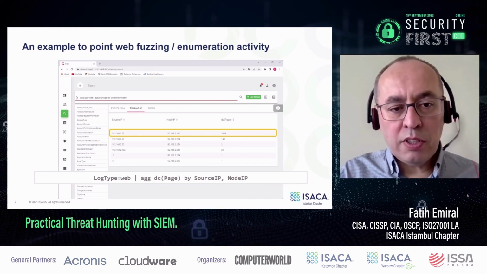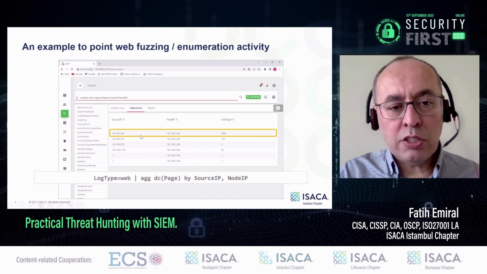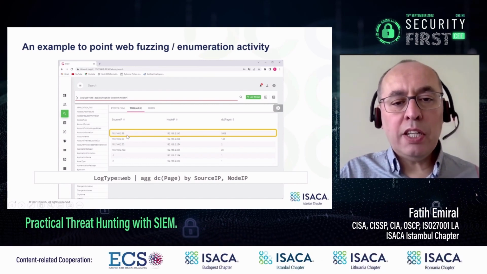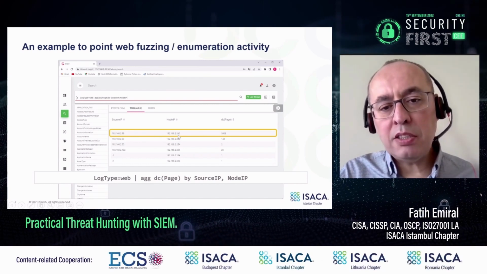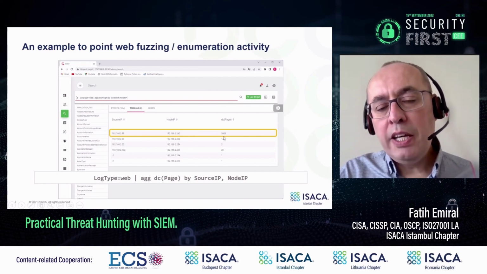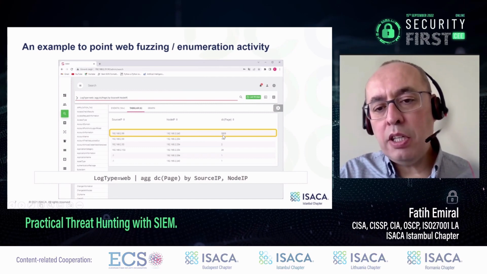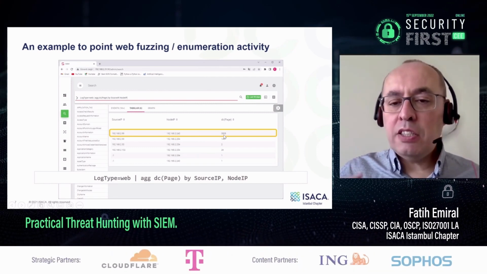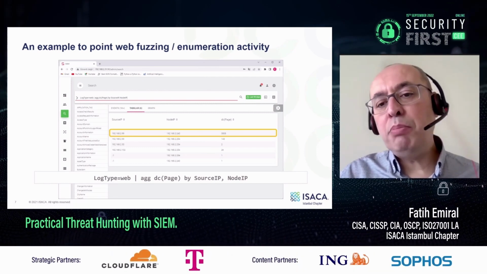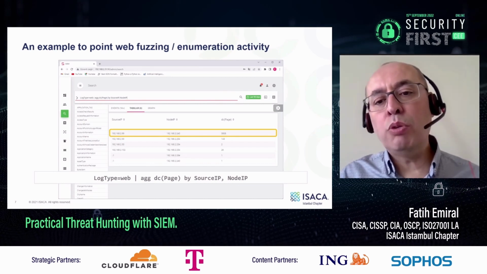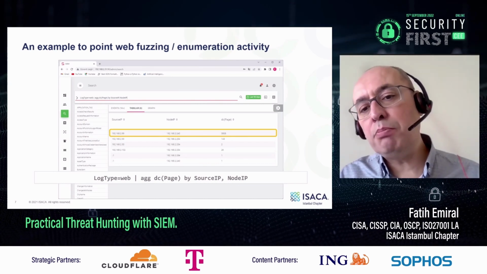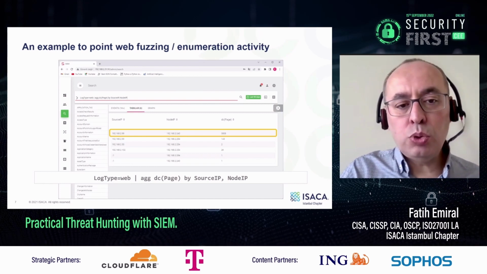Here in the topmost record, you see the source IP .99 and the destination IP .240 had requested 3,808 different pages. They're not the number of requests, they're the number of different pages requested by this source IP.